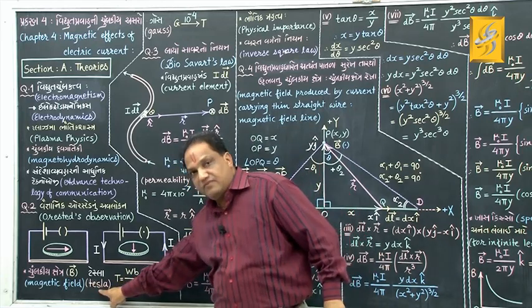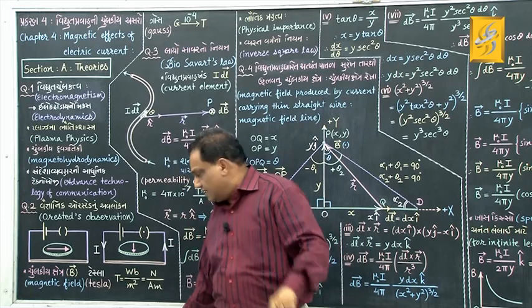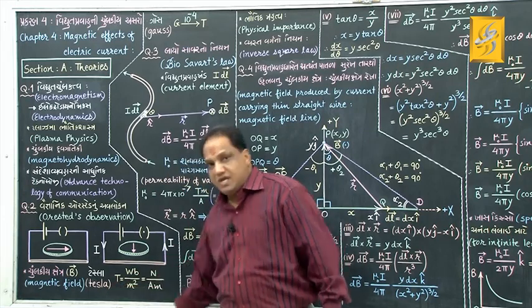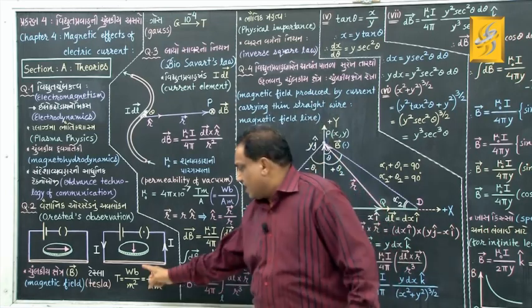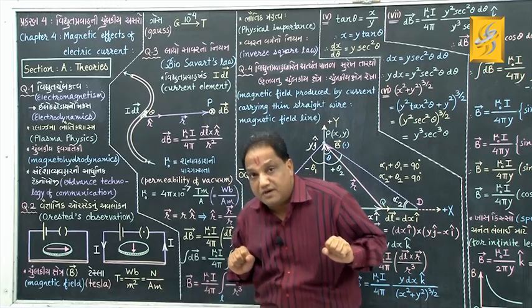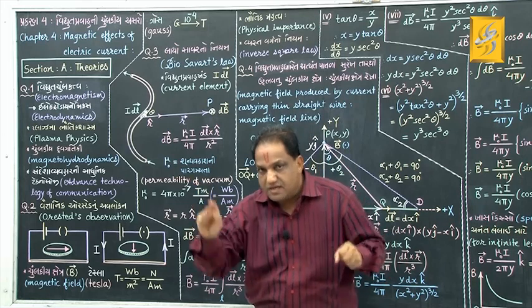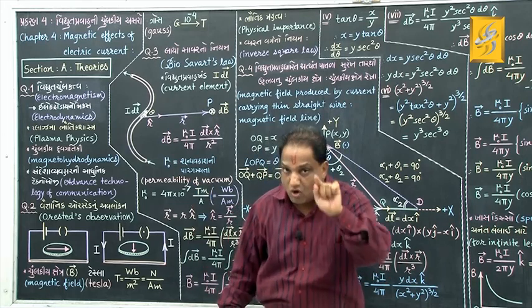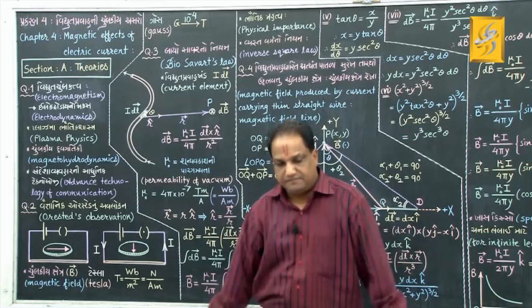You must write it with the name this way, Tesla. Okay. And if you want to write it symbolically, the symbol is capital T. And its other equivalent SI units are Weber per meter square and Newton per ampere meter. So, which are the three SI units of magnetic field? Tesla, or Weber per meter square, or Newton per ampere meter. Got it? Fine.